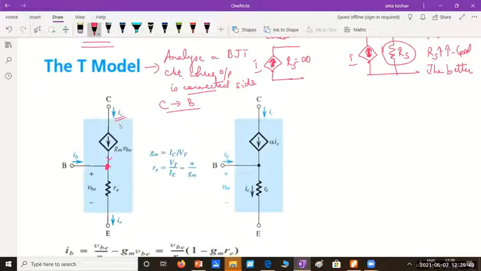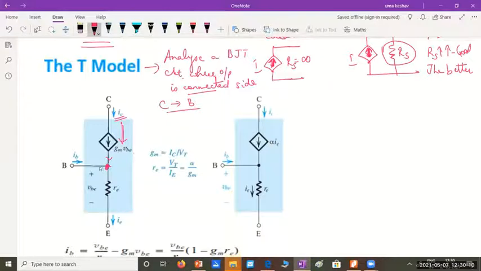And we know IC is given as GM times VBE, which is represented with this dependent current source. So whenever you have the collector current IC flowing, you can replace it with the dependent current source GM into VBE.